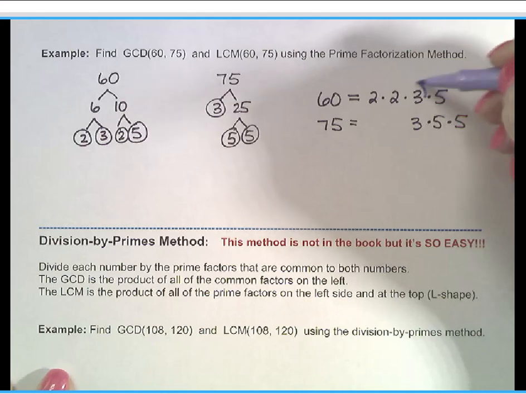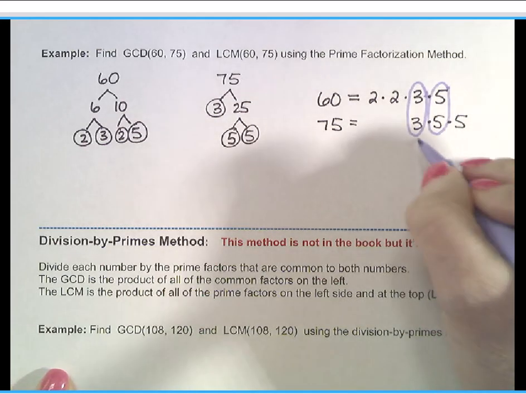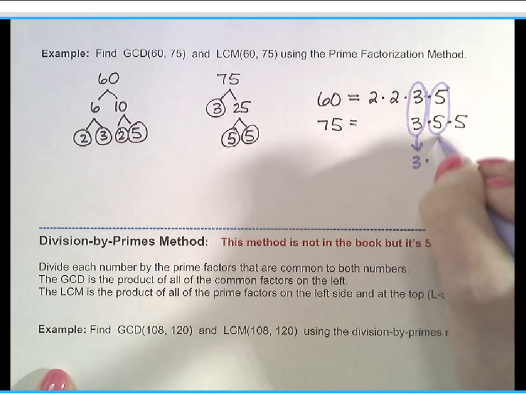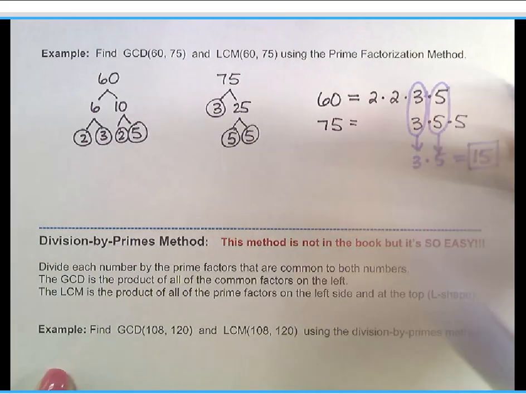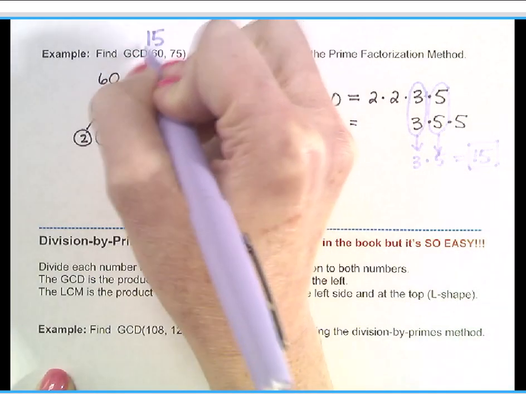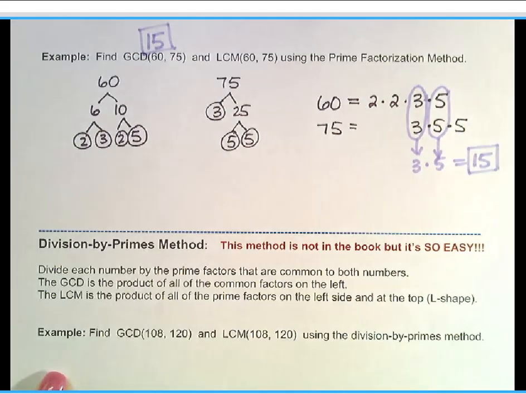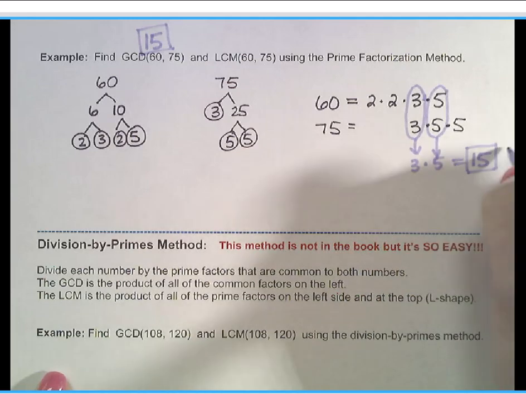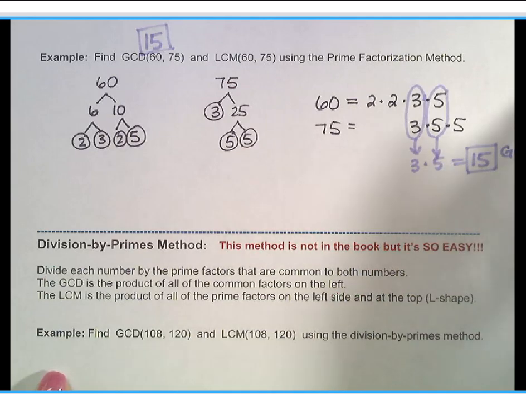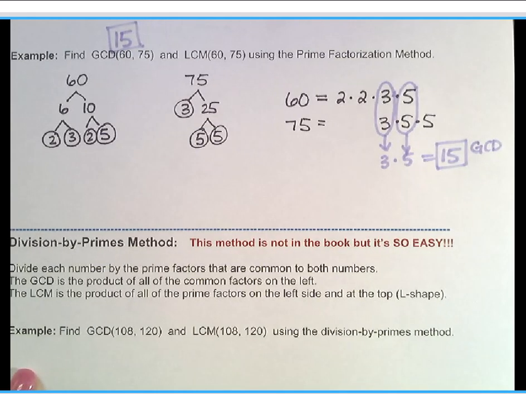So let's see, what's common? 3 and 5 is common. That's 15. That would be the GCD. So the GCD is going to be 15. I'll write it there. That's your GCD.